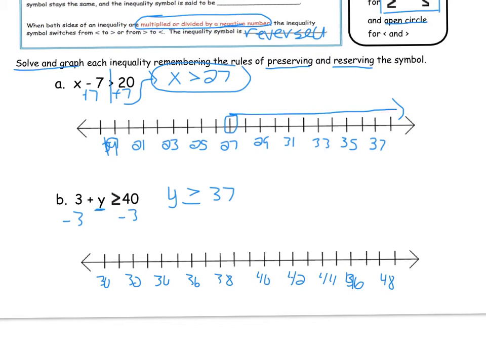Okay, so now we're going to put a closed circle, because now it can include 37. So right between 36 and 38 is 37, and it can include 37, so we're putting a closed circle showing our reader that it can be 37 and anything greater than 37. So my arrow is going towards the greater numbers.